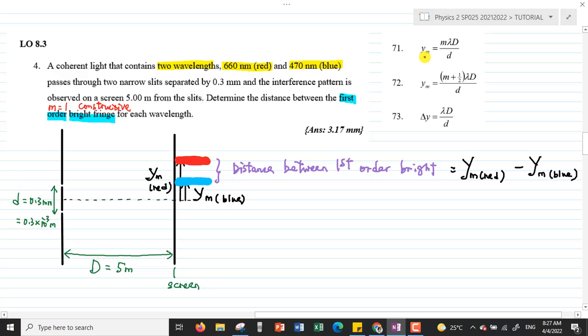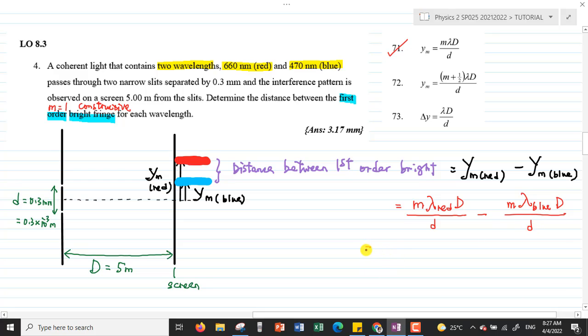So we are going to use equation 71, whereby Ym is m lambda D over d. So we are going to have Ym for red light will be m lambda red D over d, minus Ym blue, which will be m wavelength for the blue light multiplied by D over d.